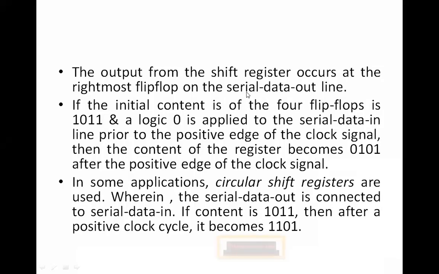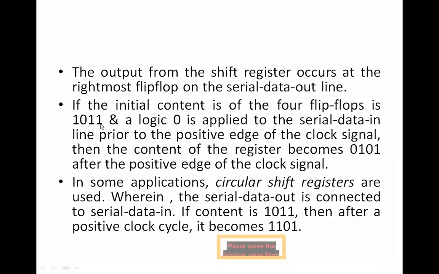So the output from the shift register occurs at the rightmost flip-flop, and that is what we are very much aware of. If the initial content of the flip-flop is 1011 and logic 0 is applied at the serial data in line prior to the positive edge of the clock signal, then the content of the register becomes 0, 1, 0, 1. So it goes in the reverse order, right?